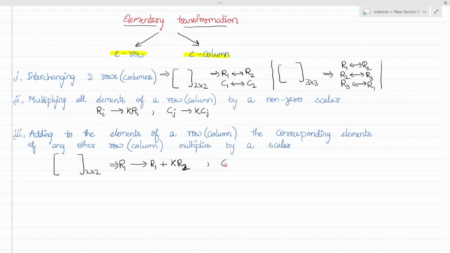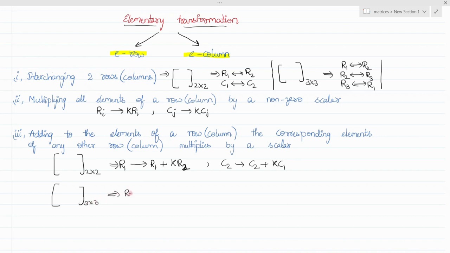Similarly, we can write the second column can be changed as column 2 plus any scalar quantity multiplied with its corresponding other column. Okay. Similarly, you can write it for a 3 cross 3 matrix.